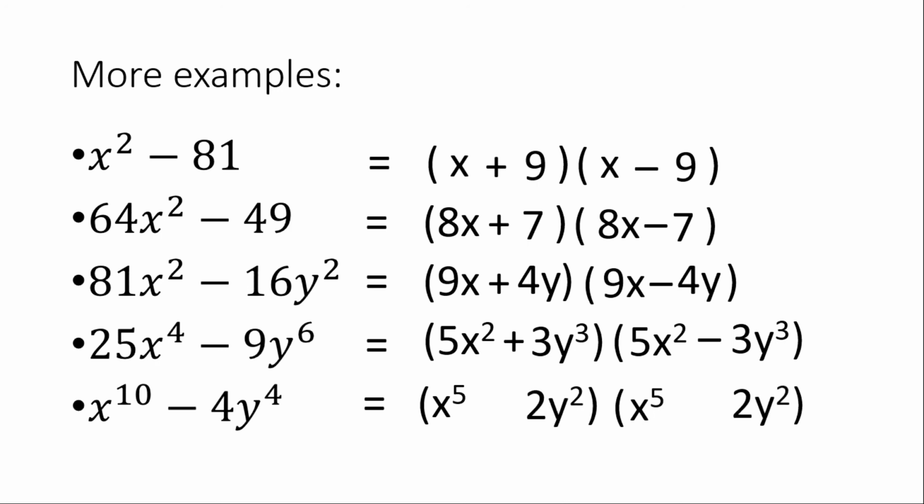We have 2y to the 2nd power. So therefore, we have the factors of x to the 10th power minus 4y to the 4th power is equal to x to the 5th power plus 2y squared times x to the 5th power minus 2y squared. And that's it. Thank you.